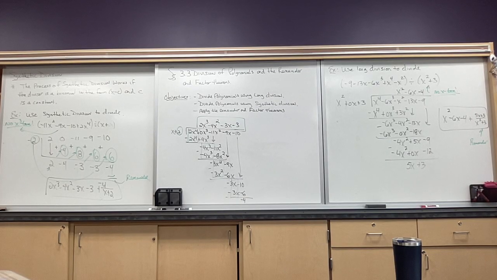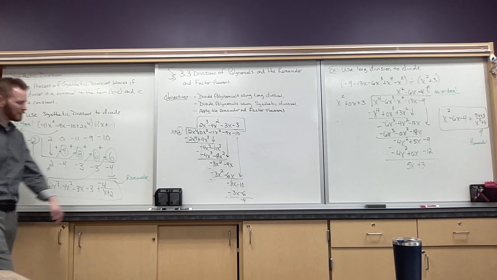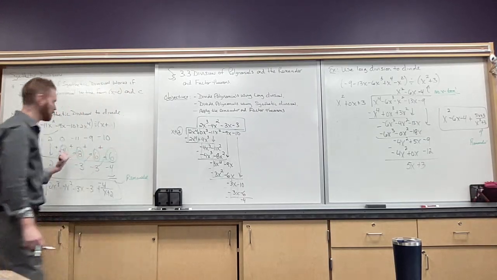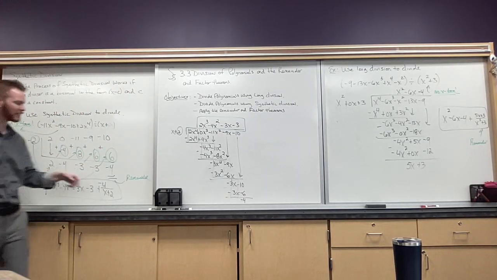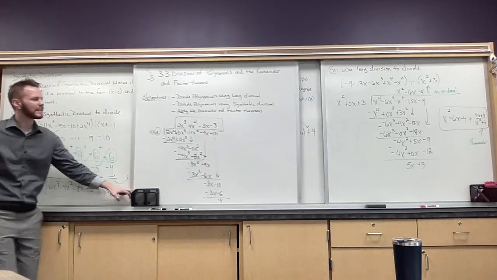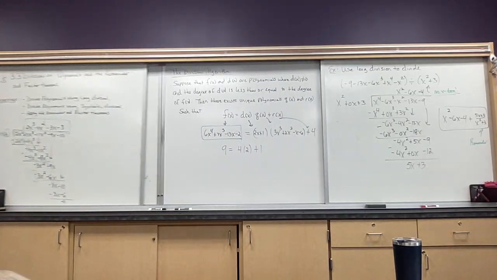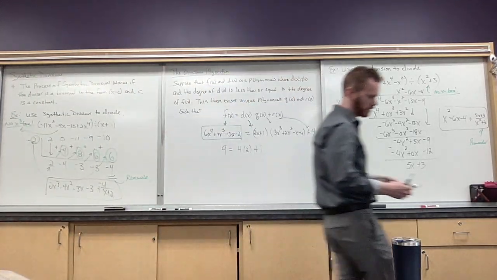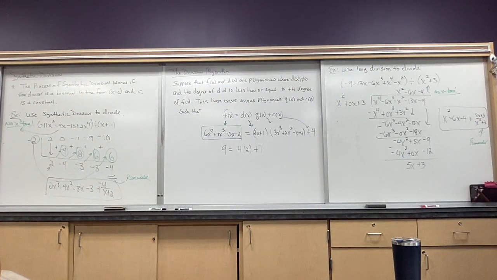So yeah, that's pretty cool. Put it this way, when I was doing long division myself, this isn't what came to mind. That's not something I thought of. So it is an awesome little tool when it comes down to it. Okay, moving on.